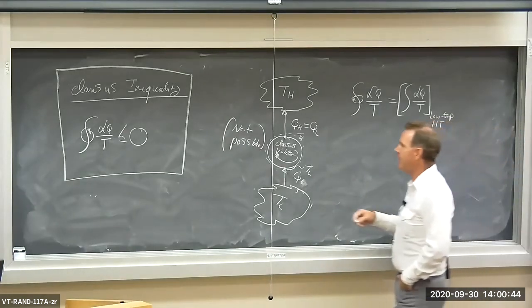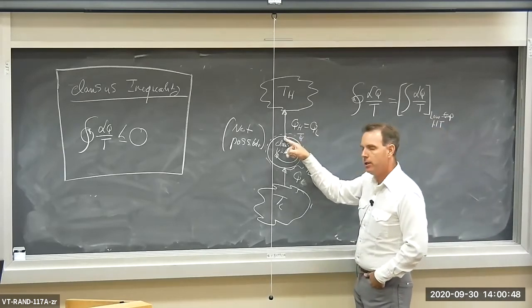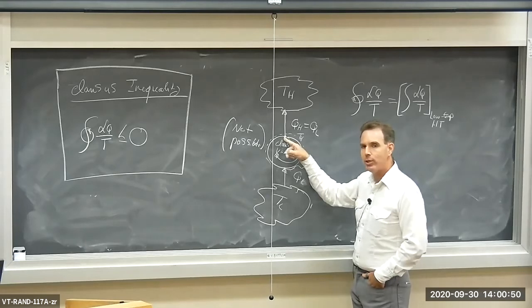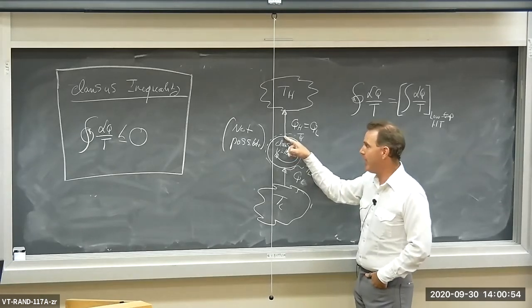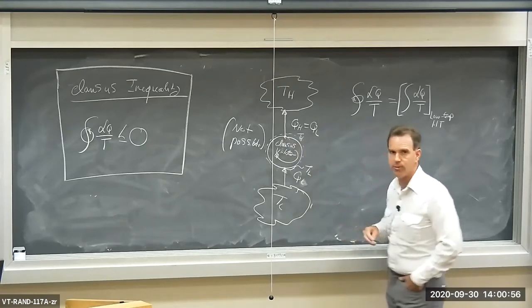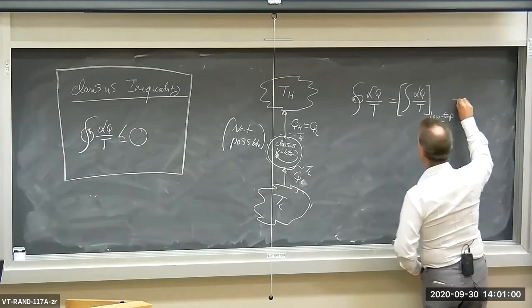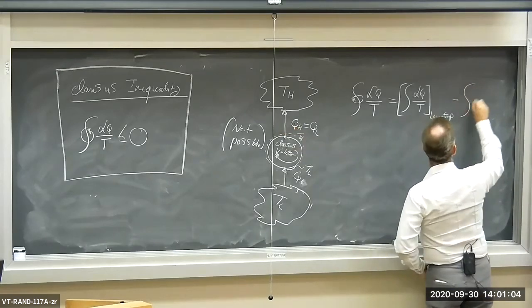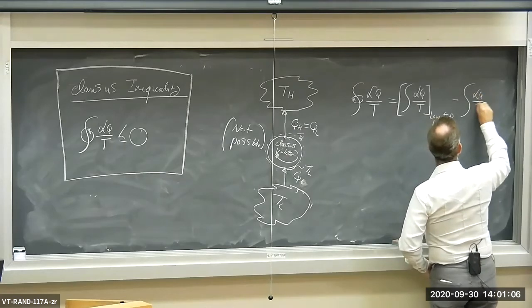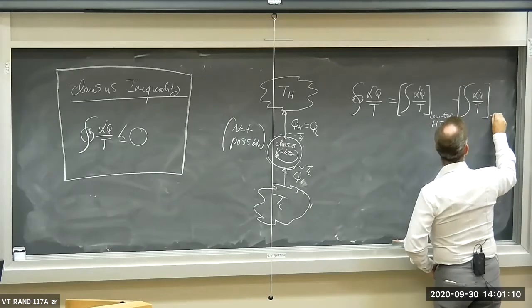And then heat is being rejected at a temperature TH. TH is the interaction temperature, the temperature at which the heat is rejected from my Clausius violator. So I'm going to have a negative. Why negative? Because heat is being rejected. Integral del Q over T, and this is going to be for high temp.